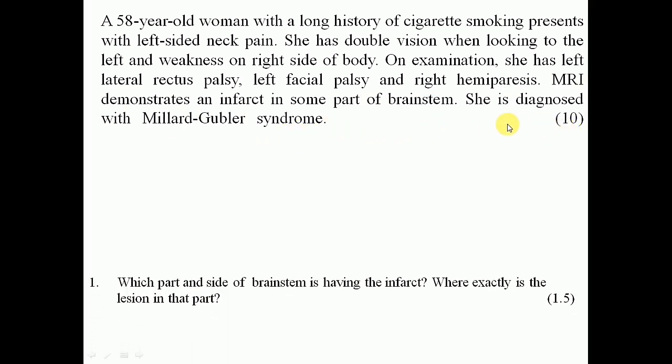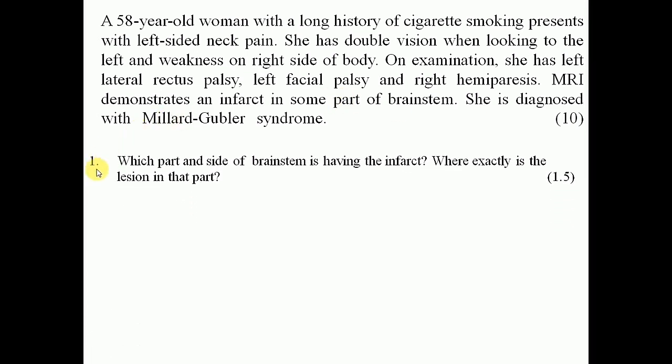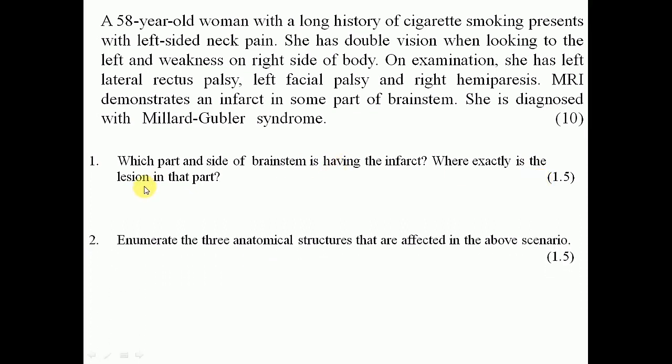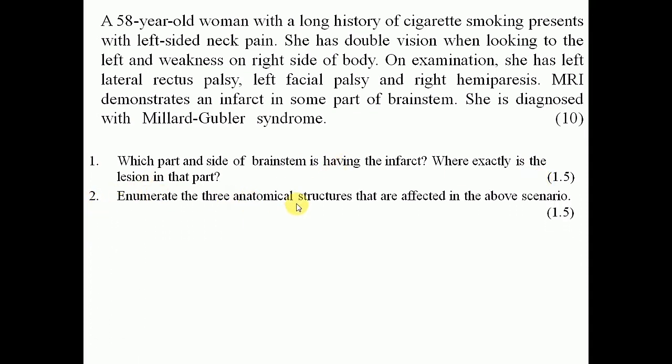Related to this, the questions are: 1. Which part and side of brainstem is having the infarct? Where exactly is the lesion in that part? 1.5 marks. Second question, enumerate the 3 anatomical structures that are affected in the above scenario. 1.5 marks.